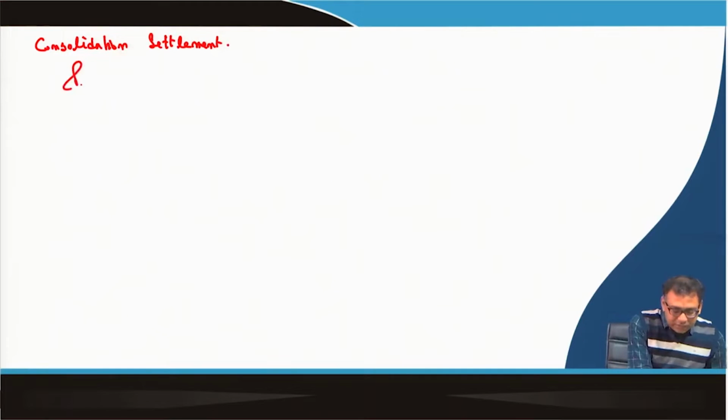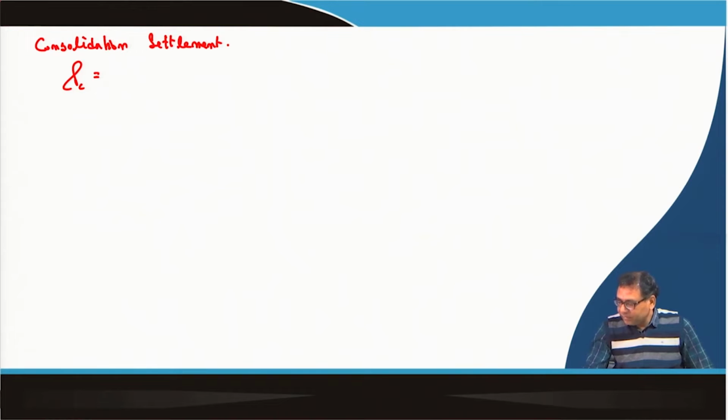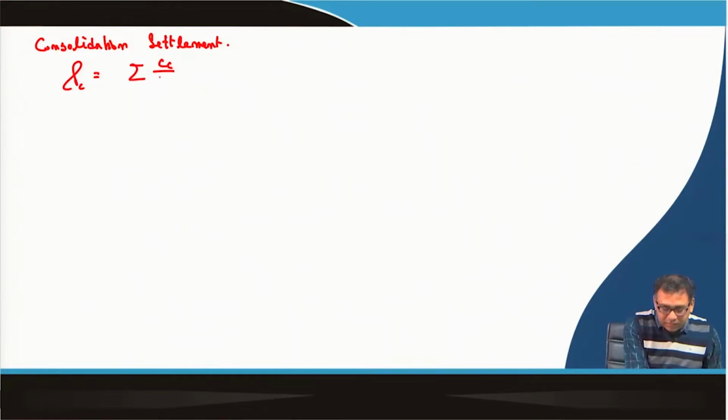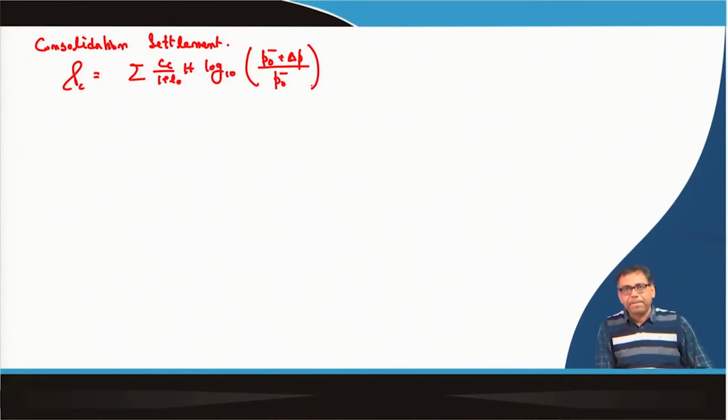Okay. So, that consolidation settlement equation is given. So, that is summation of Cc over 1 plus e0 into H log10 of (P0 bar plus del P) divided by P0 bar. Now, for this purpose, remember that here we have assumed that this is the total range of the stress, the soil is normally consolidated soil.